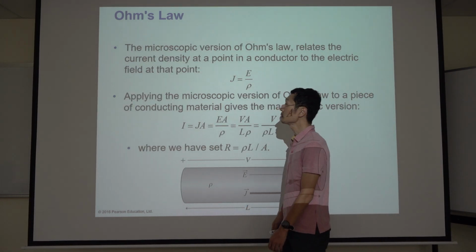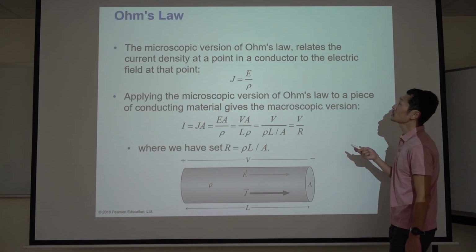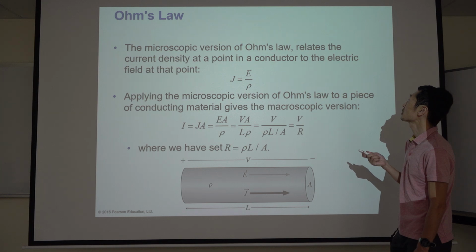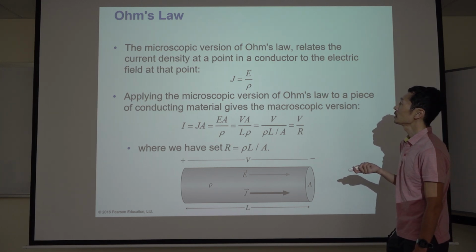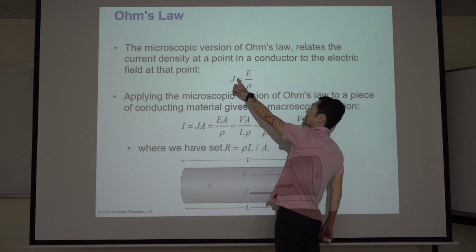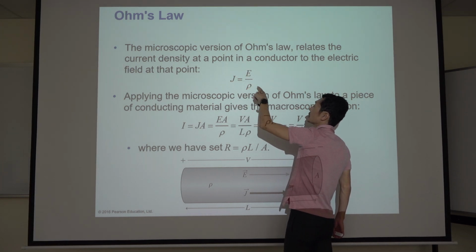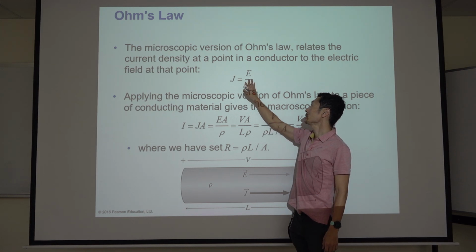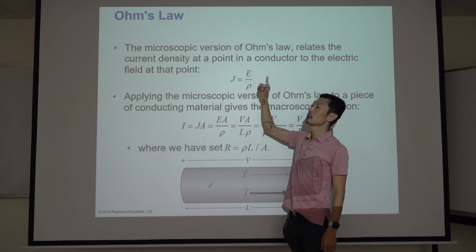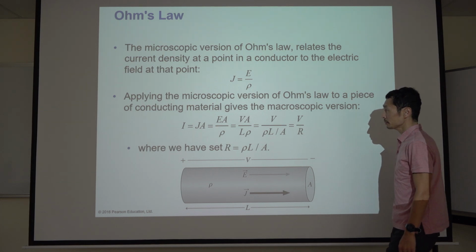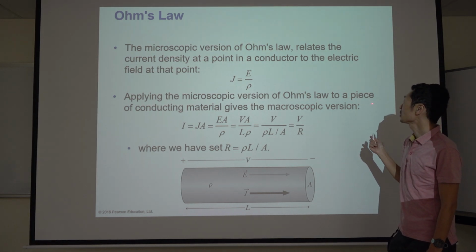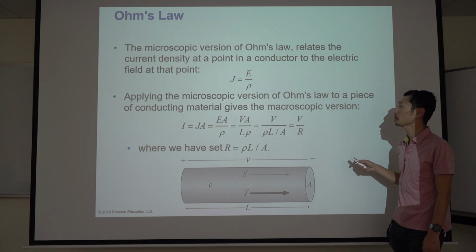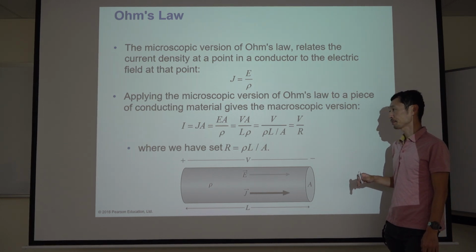Ohm's law continued. The microscopic version of Ohm's law relates the current density at a point in a conductor to the electric field at that point. So the current density is E divided by rho, the resistivity, or instead of dividing by rho, you can multiply by sigma. It's the same thing. Applying the microscopic version of Ohm's law to a piece of conducting material gives a macroscopic version.